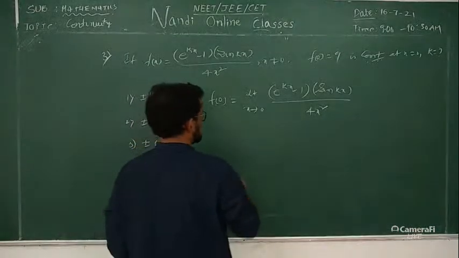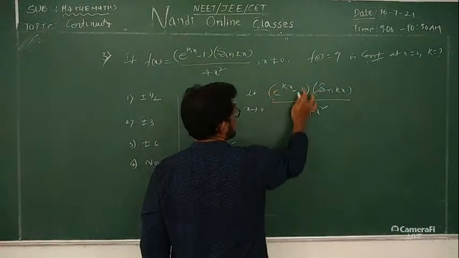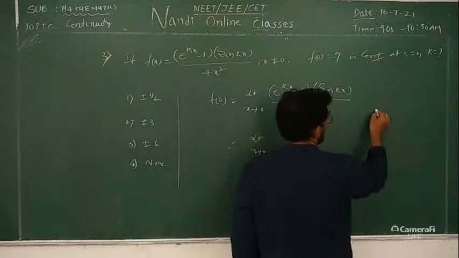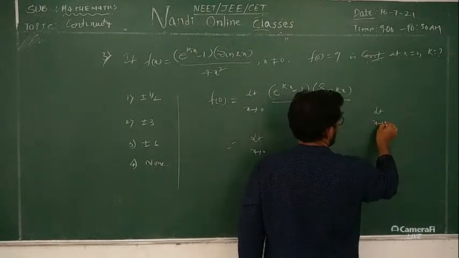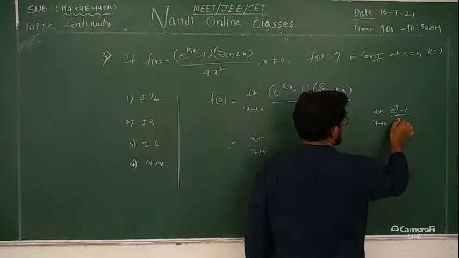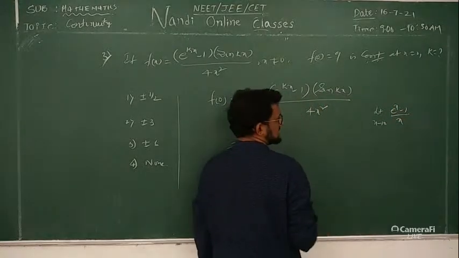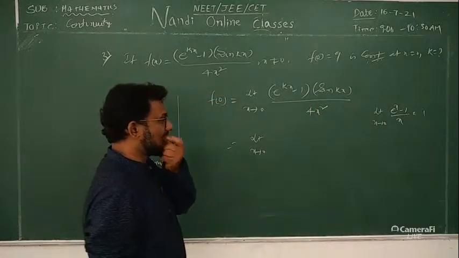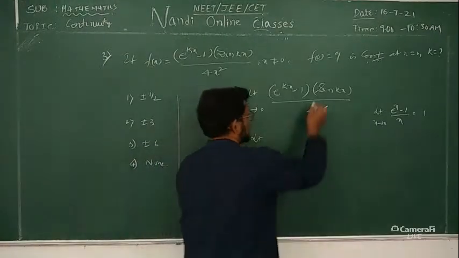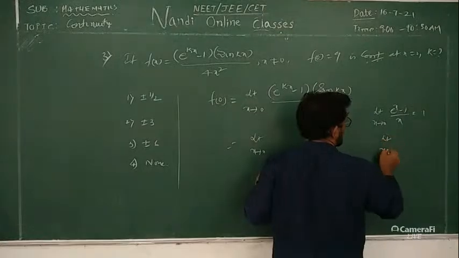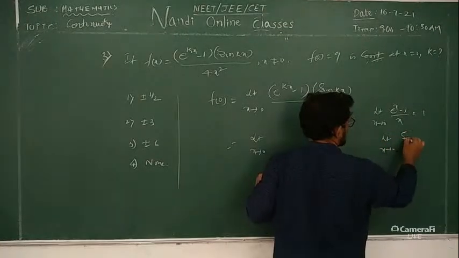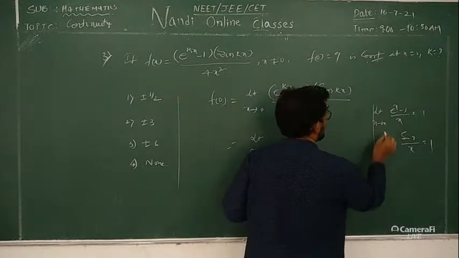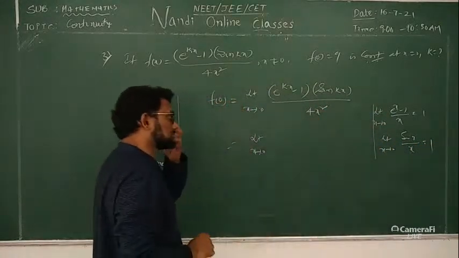So how to evaluate this? By seeing the structure, one formula we have, limit x tends to 0 e power x minus 1 by x is equal to 1, log e. And one more formula you remember, sandwich theorem, sin x by x is also 1. By using these two formulas, we try to get this answer.